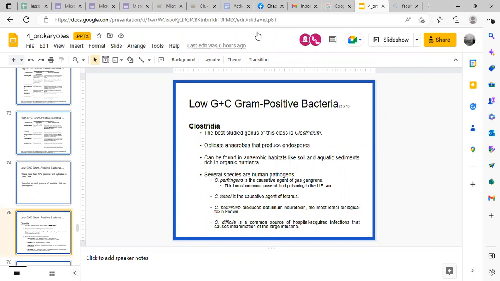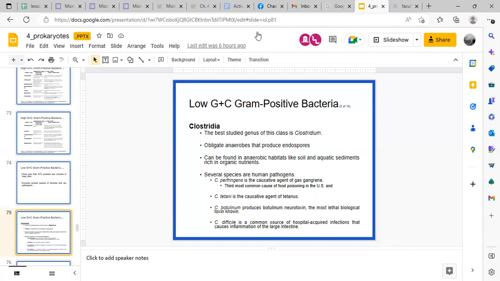Okay? So botulism will attack the nerves, no? And you have difficulty breathing, you have muscle paralysis. So it's painful also, like tetanus. The death is very painful.